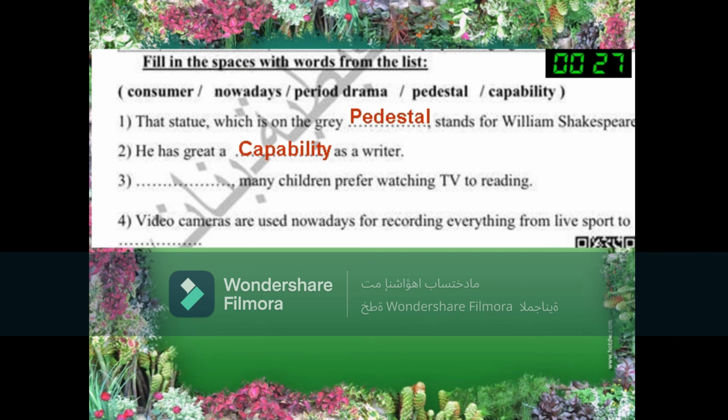Okay, number three, yes, it's nowadays many children prefer watching TV to reading. Number four, video cameras are used nowadays for recording everything from live sport to, yes, it's period drama.